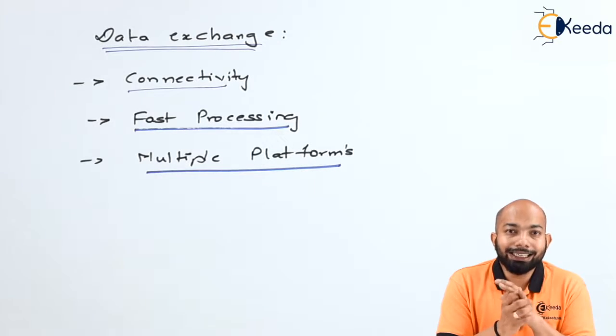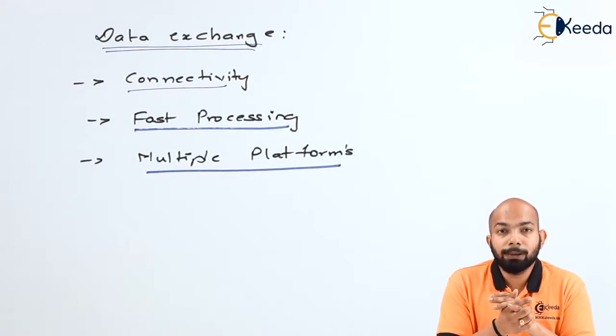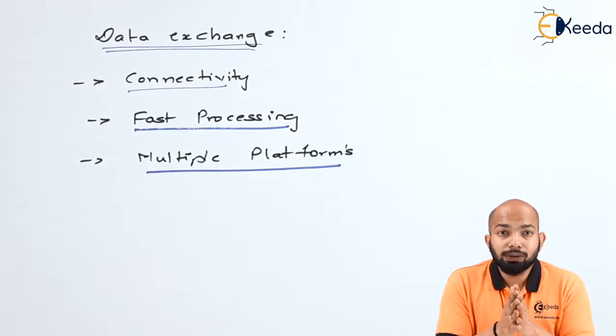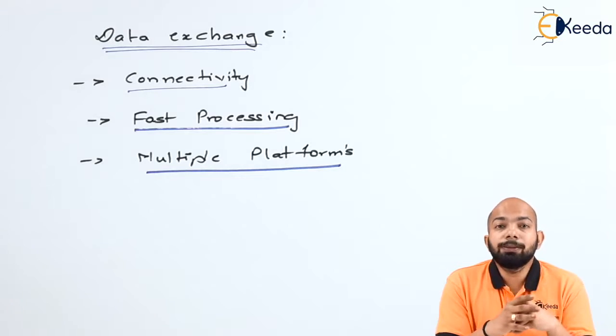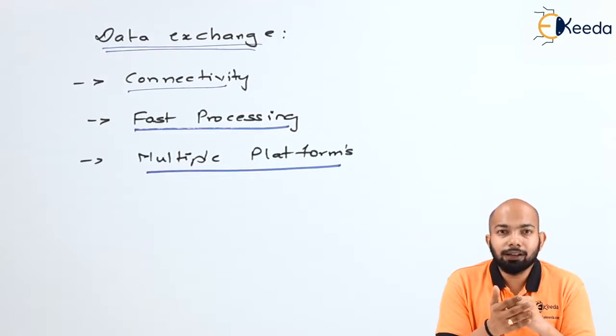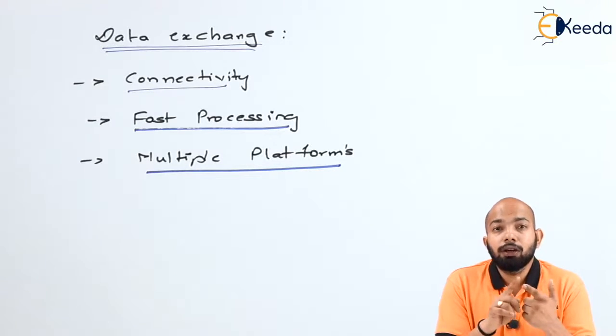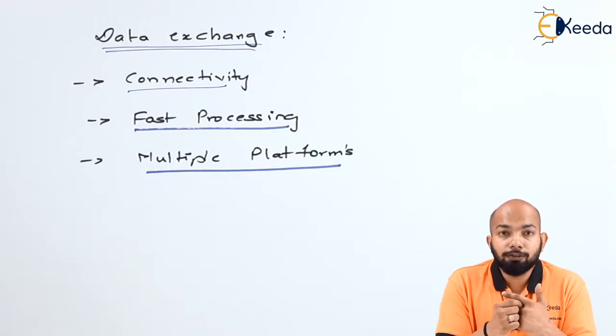We don't need gaming PCs or gaming software for an organization to handle data transfer. Basic or medium level configurations are easy enough and suitable enough for computer applications and usage. So this is what you need to understand about data exchange: first, connectivity, second, fast processing, and third, multiple platforms.